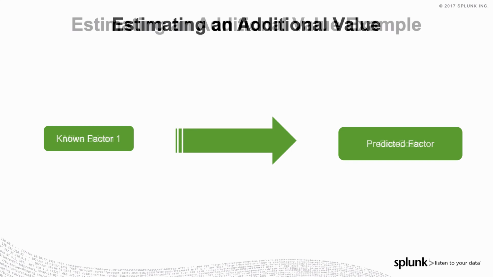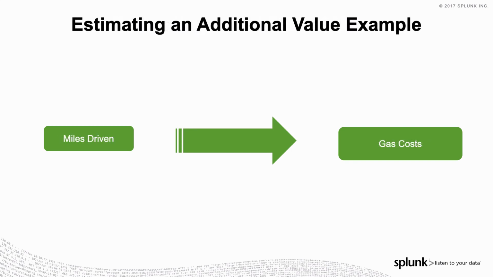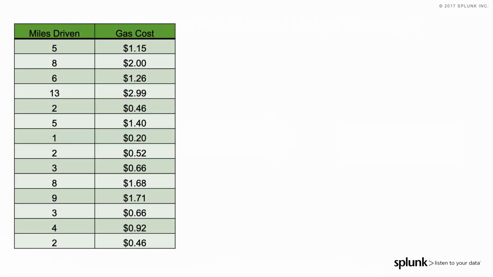Here's an example. As a viewer, it's highly likely that you may have driven a car over the course of your life. As a driver, you could probably estimate how much money you'd spend on gas if you drove 100 miles. It may seem almost intuitive, but what's going on in our brains is that we're reviewing the history and our experiences as a driver to define that relationship.